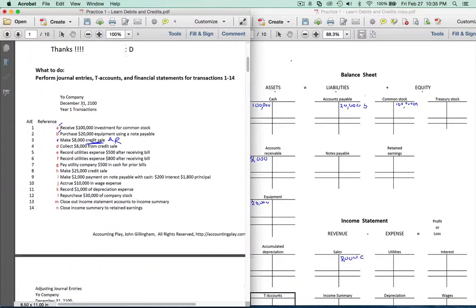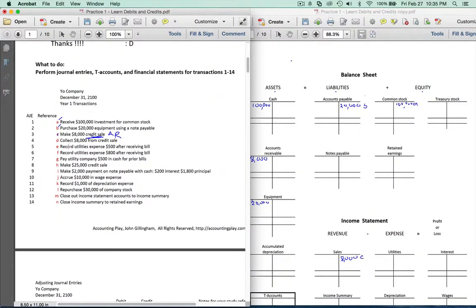Now, record utilities expense for $500 after receiving bill. Collect $8,000 from credit sale. Now it's collecting money. You see collect, cash is going to go up.